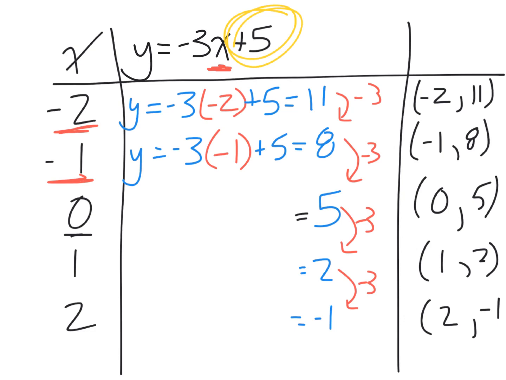I'm going to save you the painfulness of having to watch me graph that. There are our 5 ordered pairs, and now we can take that, graph it, and be able to figure out where our line is. I hope this video has been helpful to help you review how to rearrange formulas into y equals mx plus b and then determine our table values.